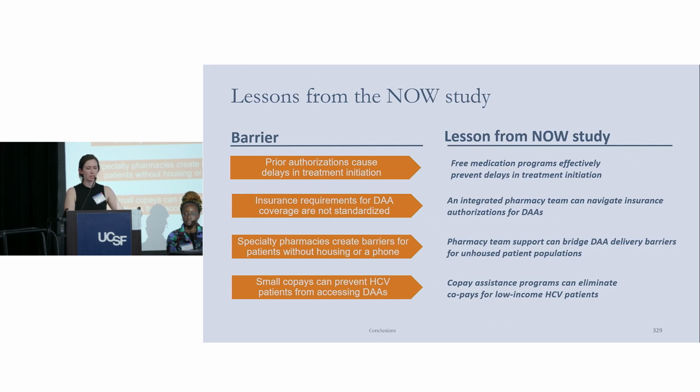And one thing I didn't have a ton of time to get into, but the pharmacy team was really helpful in connecting patients to copay assistance programs for these medications. They didn't often have very high copays, but they were enough that in an under-resourced population this was a major barrier, and having the pharmacy team enroll patients in copay assistance, I think, allowed a larger population of patients to get started on treatment than may have otherwise.